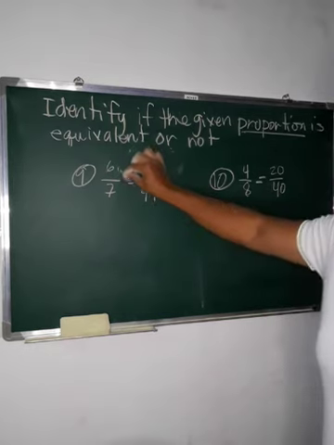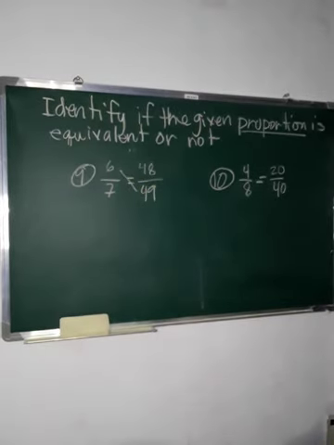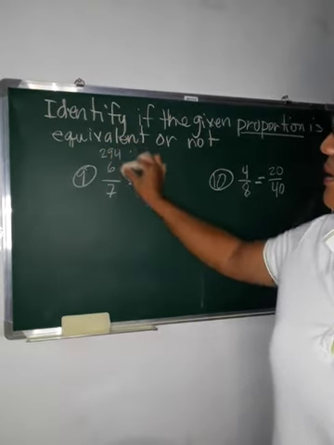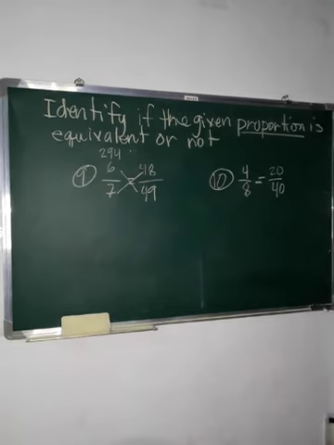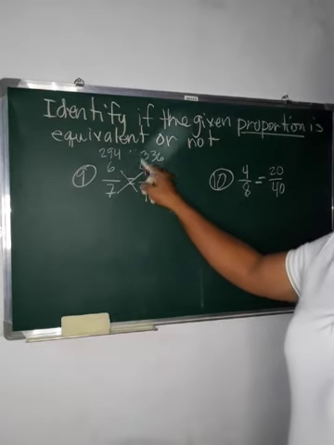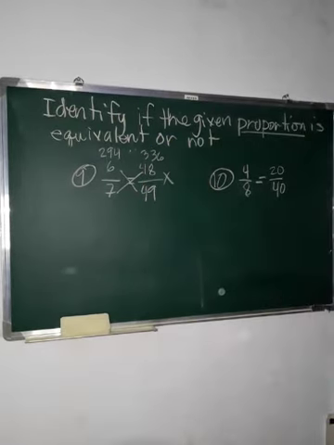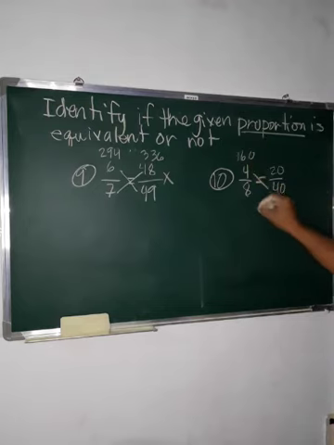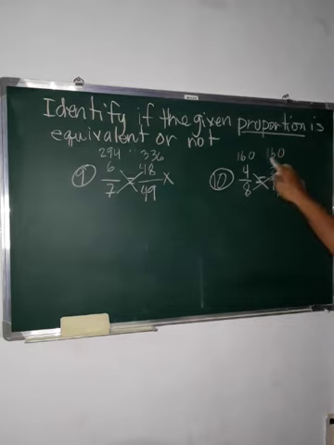Okay, so 6 times 49, we have 294. And 48 times 7, we have 336. So they are not equal, therefore they are not proportion. And 4 times 40, we have 160. And 20 times 8, we have 160. So they are equal, therefore they are proportion.